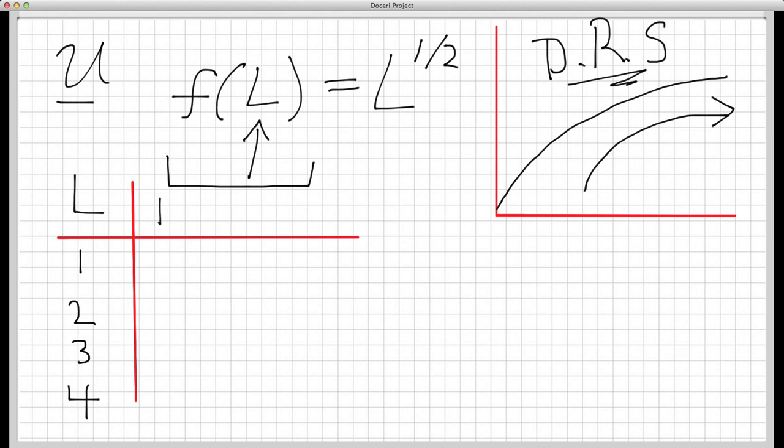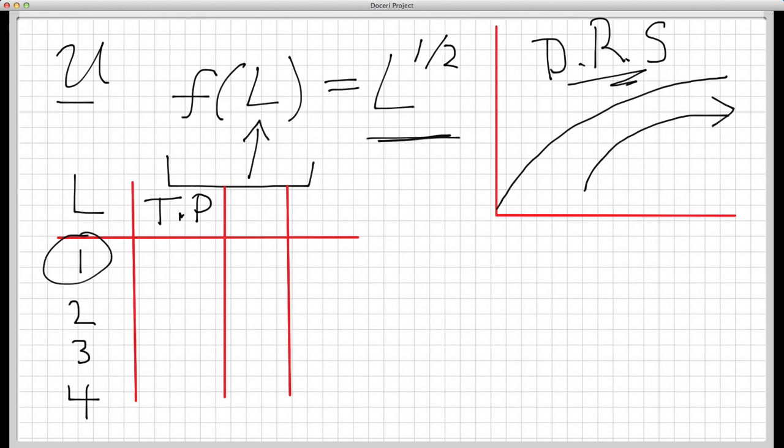And I'm going to write total product here. All right, what is the total product if the firm puts 1 unit of labor in? Well, the total product is L to the 1/2. So the square root of 1 is 1. Easy, right? Okay, now let's do the last line here, 4.